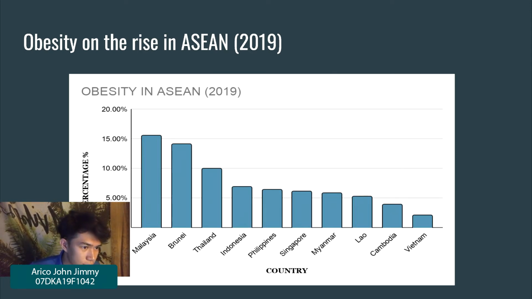On the graph, you can see the highest obesity percentage for countries in Asian is Malaysia with 15.6%, followed by Brunei, Thailand, Indonesia, Philippines, Singapore, Myanmar, Laos, Cambodia, and Vietnam with the lowest percent, 2.1.